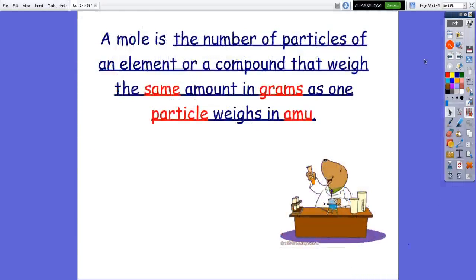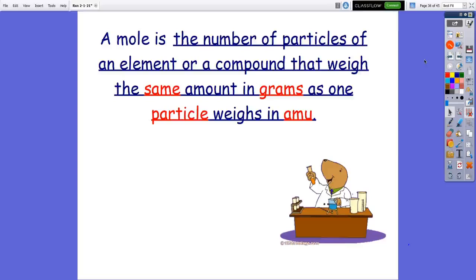So a mole is the number of particles of an element or a compound that weigh the same amount in grams as only one of those particles weighs in AMU. So one carbon atom weighs 12.01 AMU, but once I have 1 mole of carbon atoms, it now weighs 12.01 grams.